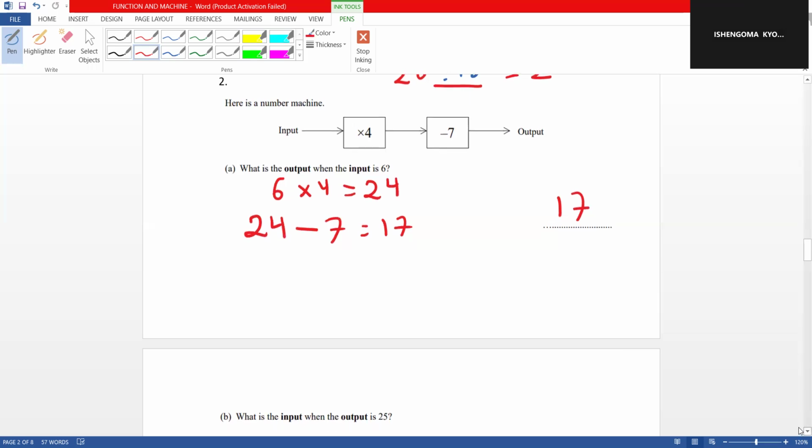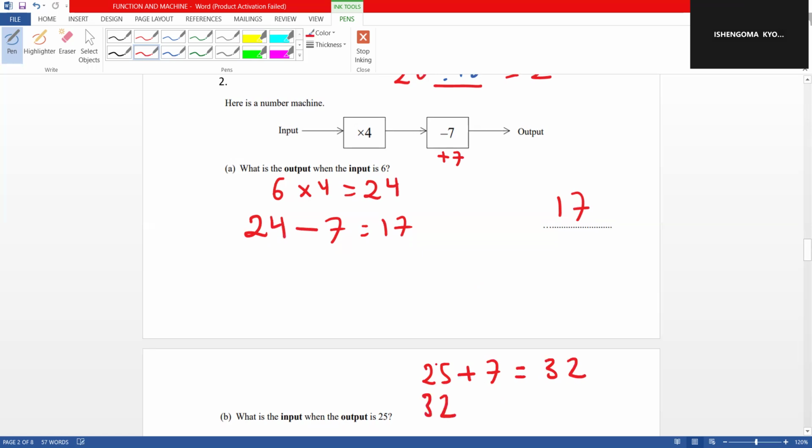B, find the input given the output. Now, because I'm given the output, I have to do the opposite, right? So since my output is 25, go back to your machine. Instead of -7, you will do +7. So I'll come here and I +7, get 32.